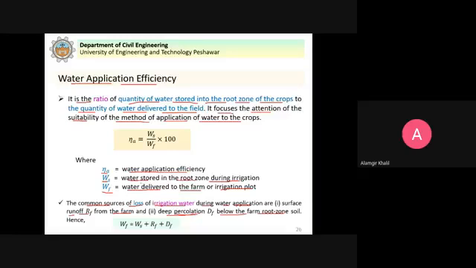So it means that W_S, the water stored in the root zone, can also be written as W_F minus R_F minus D_F. So eta A can be written as (W_F minus R_F minus D_F) divided by W_F, into 100.